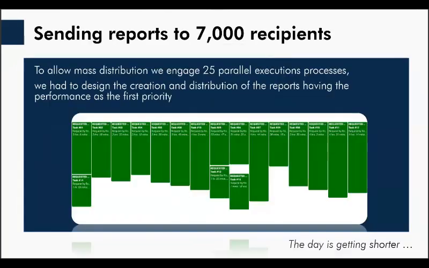And then the scalability. How do we send these reports to 7,000 recipients and not run out of time and satisfy many small clients and a few very, very large clients? So what we're doing, we're using the mail-in deploy feature of parallelization.